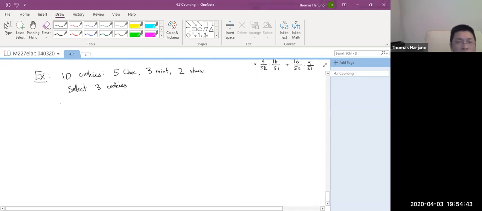First question, find the probability that all 3 are chocolate cookies. Second one, find the probability that all 3 are mint cookies.